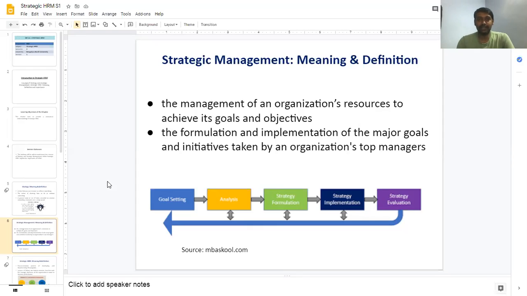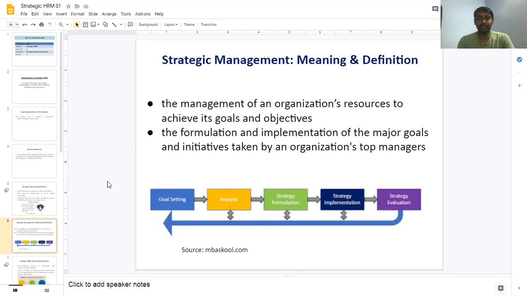In a simple way, it is a process of analyzing, formulating, implementing, and evaluating particular goals or plans, known as strategic management. So we can see here the management of an organization's resources to achieve its goals and objectives. In an organization, there are various goals and objectives.